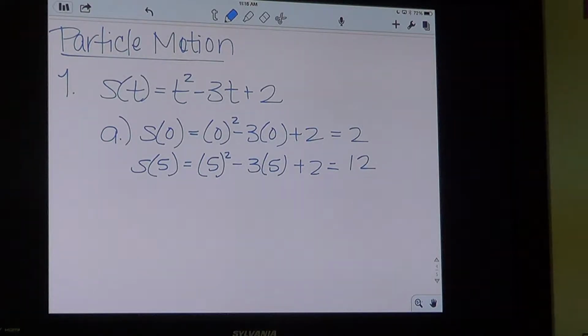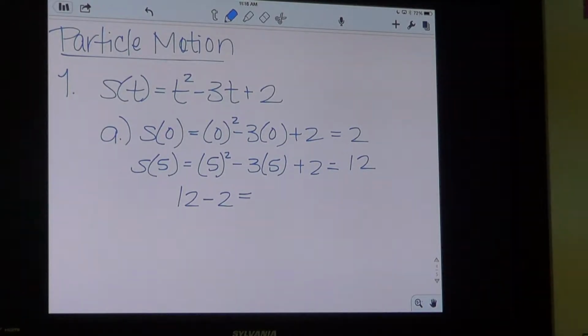So 12 minus 2, the displacement is 10. I thought that was an awfully long distance for 5 seconds. Could it be 10 meters? Yes, they did tell us that s is measured in meters. So 10 meters, good.